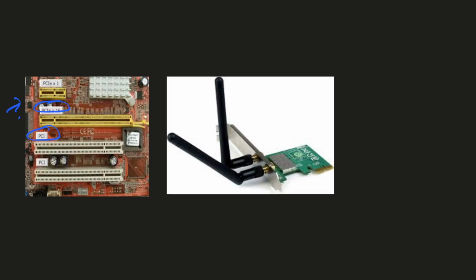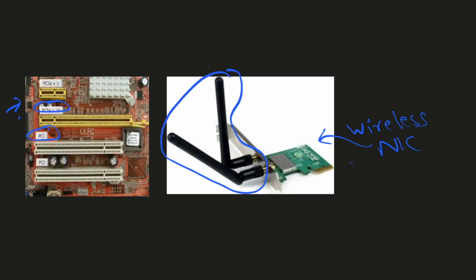So in case the PC did not have the inbuilt wireless NIC at the time of manufacturing, you could go out and purchase a separate external wireless NIC, which looked something like this, and it may or may not have these external antennas, right? Sometimes these cards can have an internal antenna which is built right here on this chip. So depending upon what model of wireless NIC you purchase, it may or may not come with these external antennas.